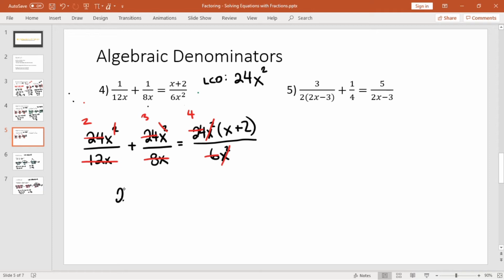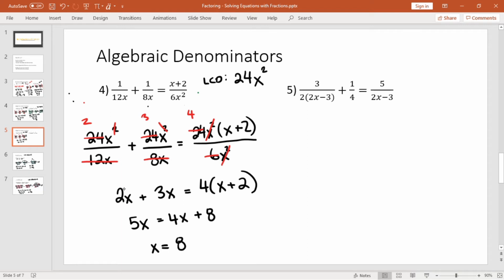My first term is 2x, my second term is 3x, and on the right side I have 4 times x plus 2, so I have 5x equals 4x plus 8, and then move the x's to the left side, and I'll have x equals 8.